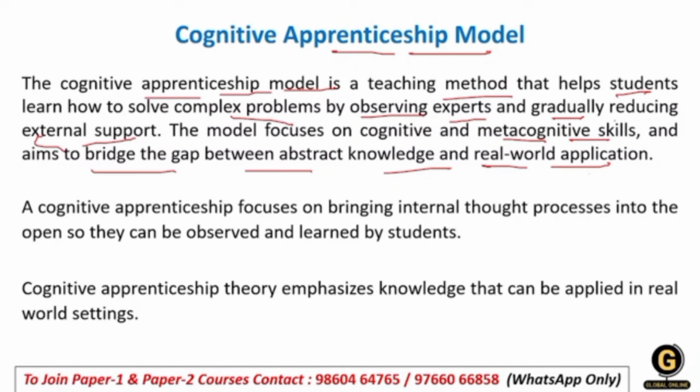A cognitive apprenticeship focuses on bringing the internal thought processes into the open so they can be observed and learned by the students. Cognitive apprenticeship theory emphasizes knowledge that can be applied in real-world settings.